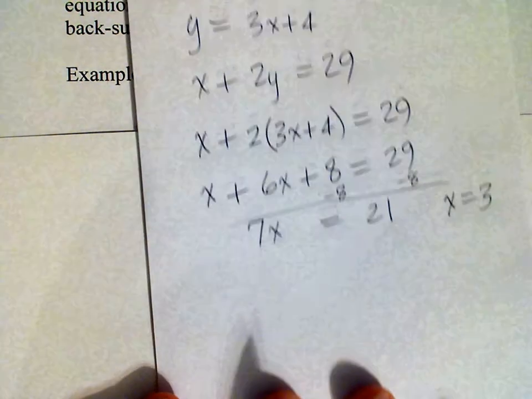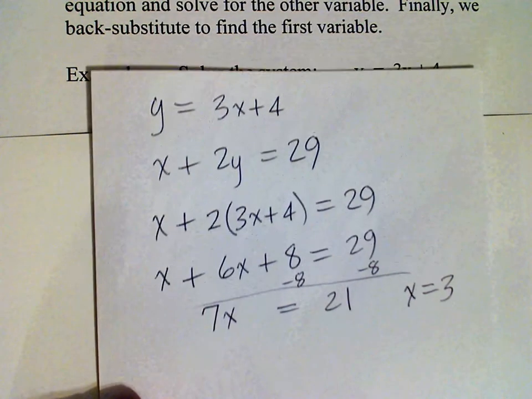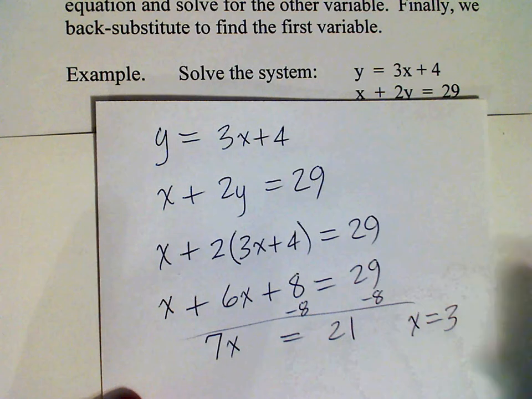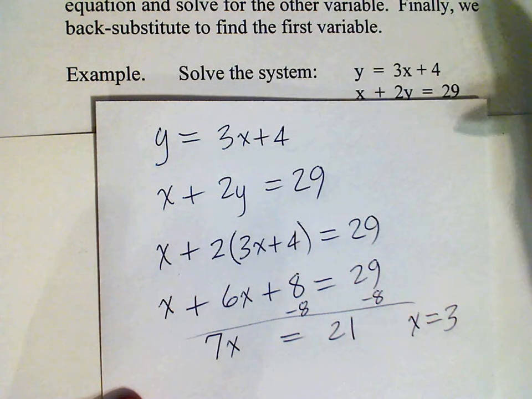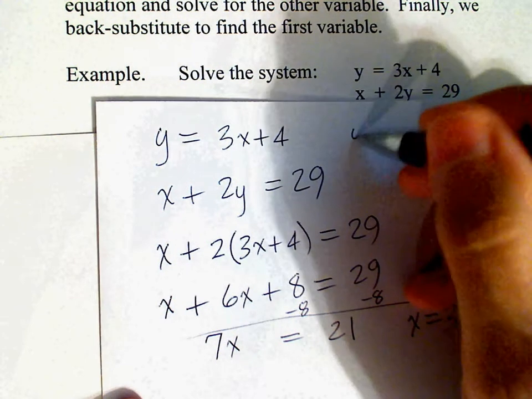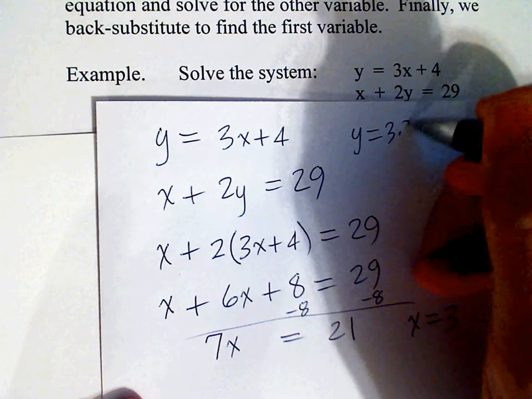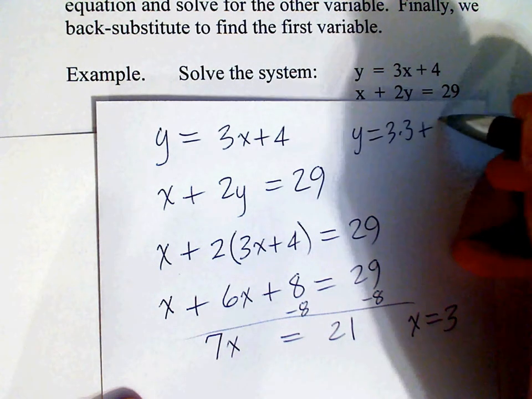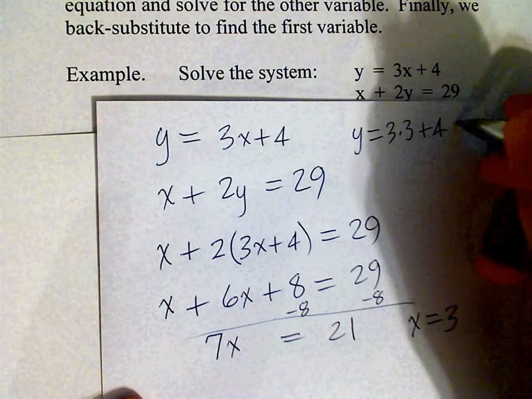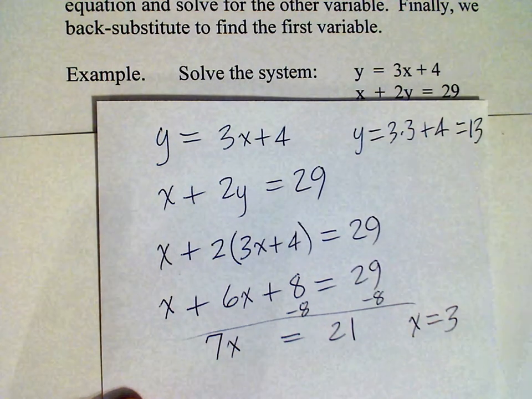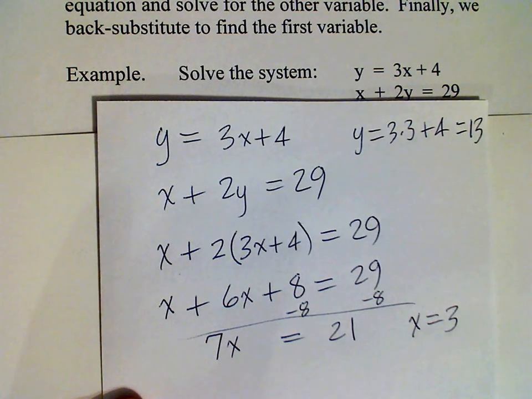Now once we know x is equal to 3, then all we have to do is use that value for x in the first equation to find our value for y. So y is equal to 3 times 3 plus 4. 9 plus 4 is 13. So the solution is x equals 3, y equals 13.